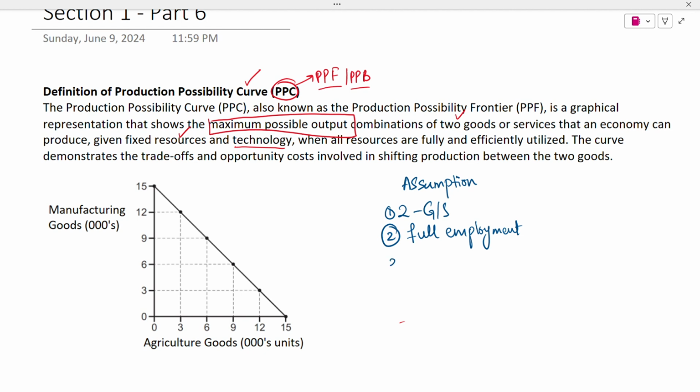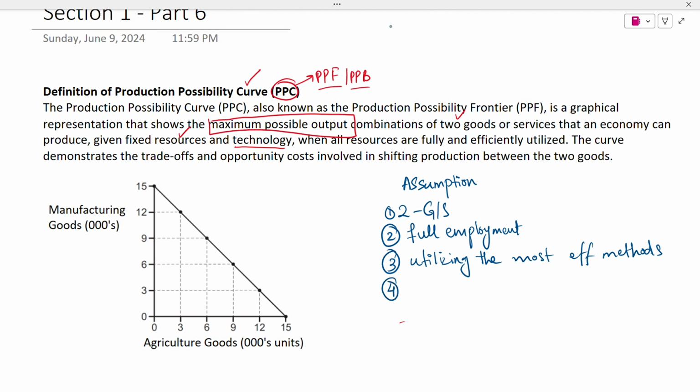The third assumption that we make when we draw a PPC is that we are utilizing the most efficient methods. So we are drawing the PPC under an assumption that the resources are being utilized efficiently, there is no wastage of resources happening, and there are no spare resources present in the economy.